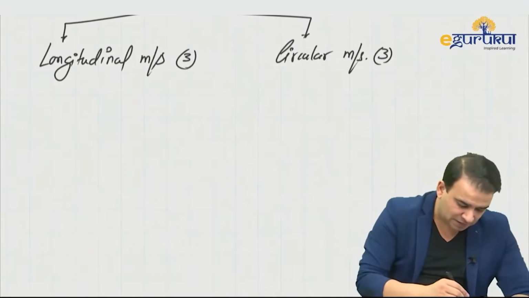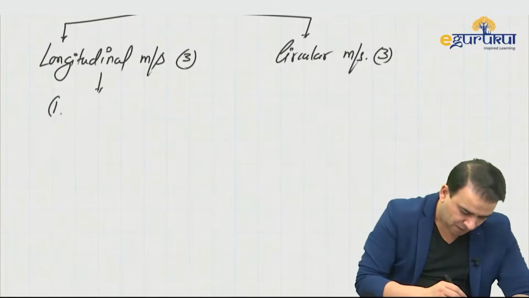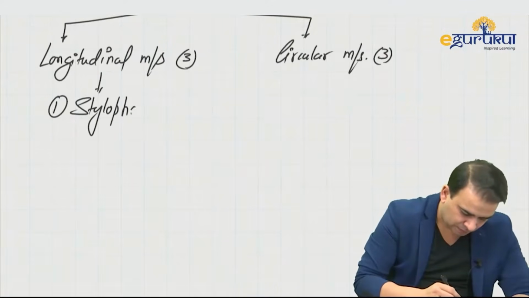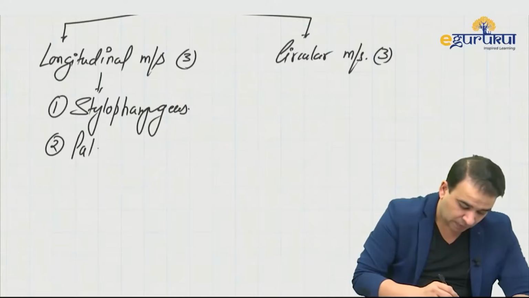So the longitudinal muscles, which are 3 in number: one is stylopharyngeus. We have palatopharyngeus.